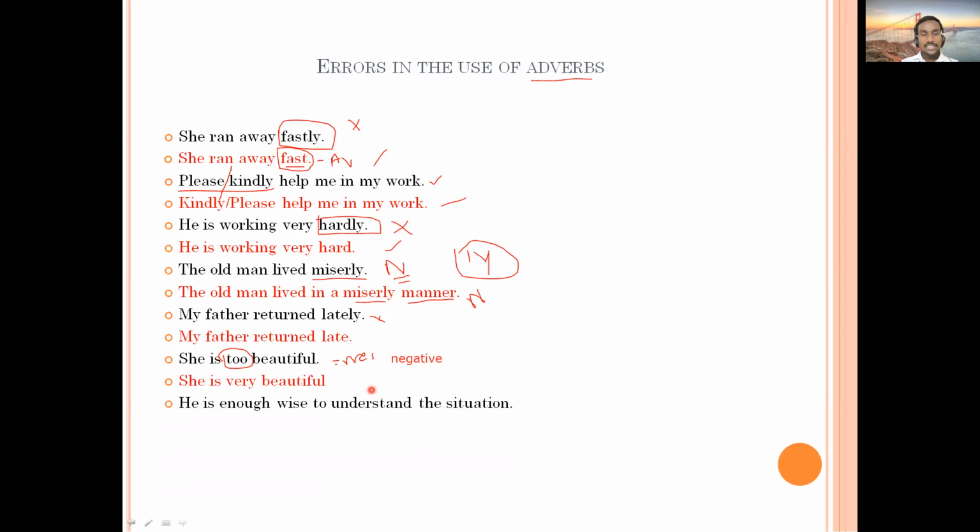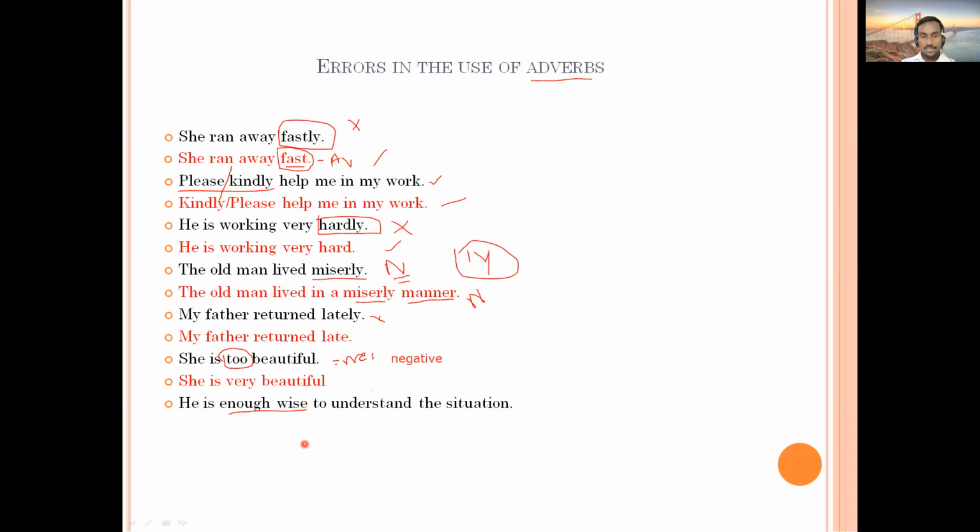Then the next one: he is enough wise to understand the situation. You know here one is an adjective and one is an adverb, and you have to correct this sentence with these. How can it be?